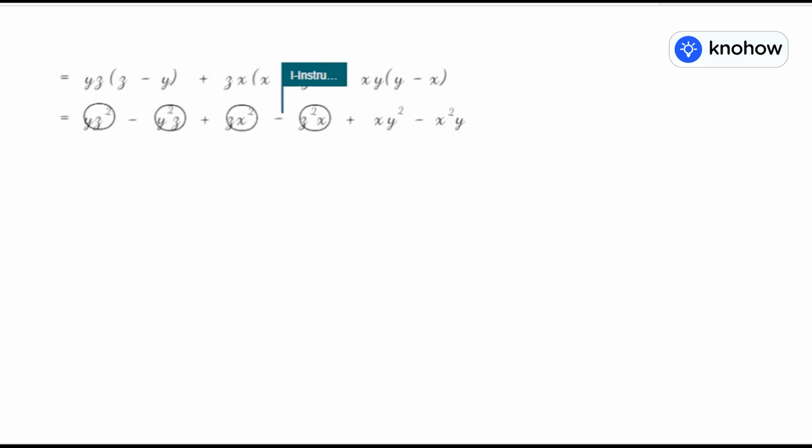If you take Z square common out of the Z square terms, you get Z square times Y minus X. Then out of these two terms, you take Z common, and you get X square minus Y square. And from the rest of the two, you take XY common and you get Y minus X.